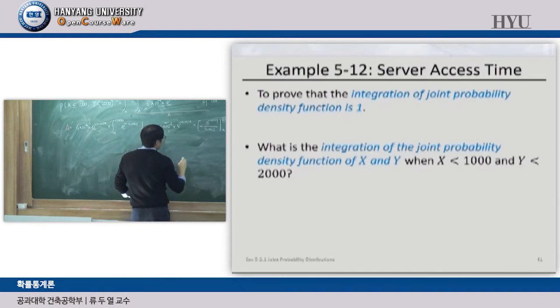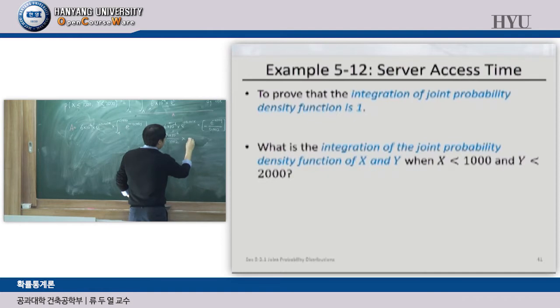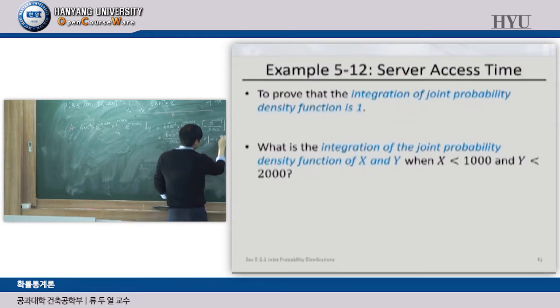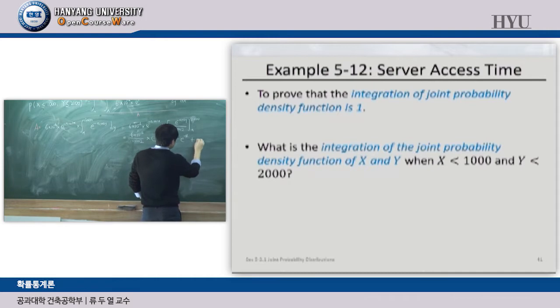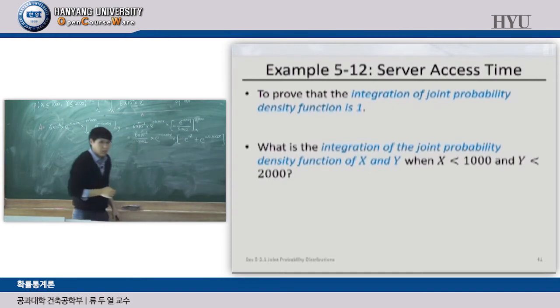So this should be 6 by 10 to the minus 6 power over 0.002. We extract the 0.002, okay, by exponential minus 0.001x by minus exponential minus 4, right? 0.002 by 2000 is 4, and plus exponential minus 0.002x, okay?